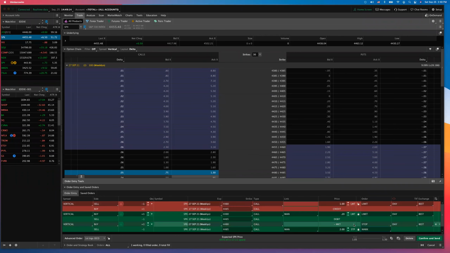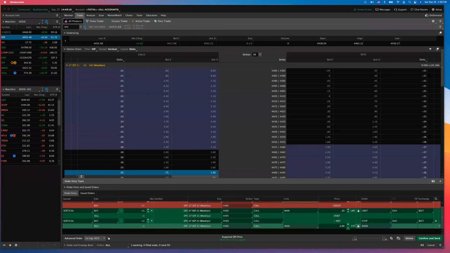I am so explicit about this. This is the one time that I do market orders. No other time do I do market orders. Trust me, I don't do them. I don't do market orders except on spreads to get out, right?